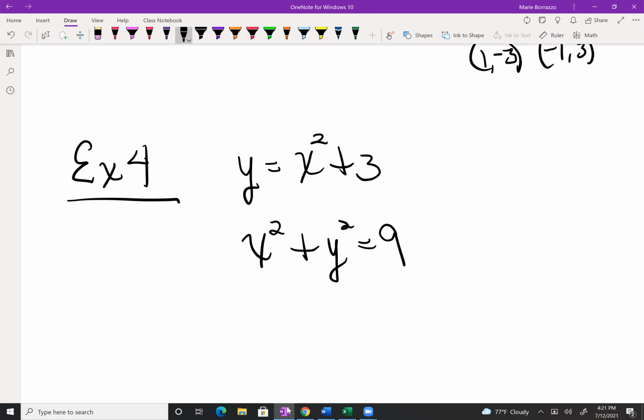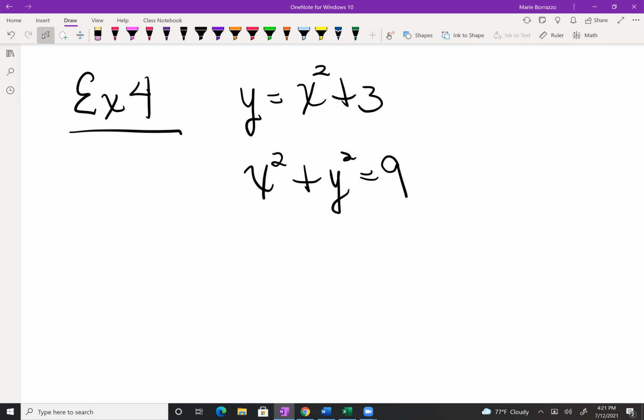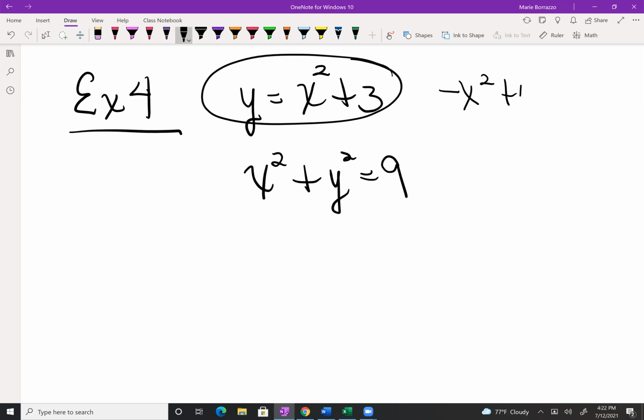All right, so you can actually combine this one, and I'm going to show you that method because you're probably not used to it. First thing I'm going to do is re-express this. This is going to become negative x squared plus y equal to 3, and this one stays the same.